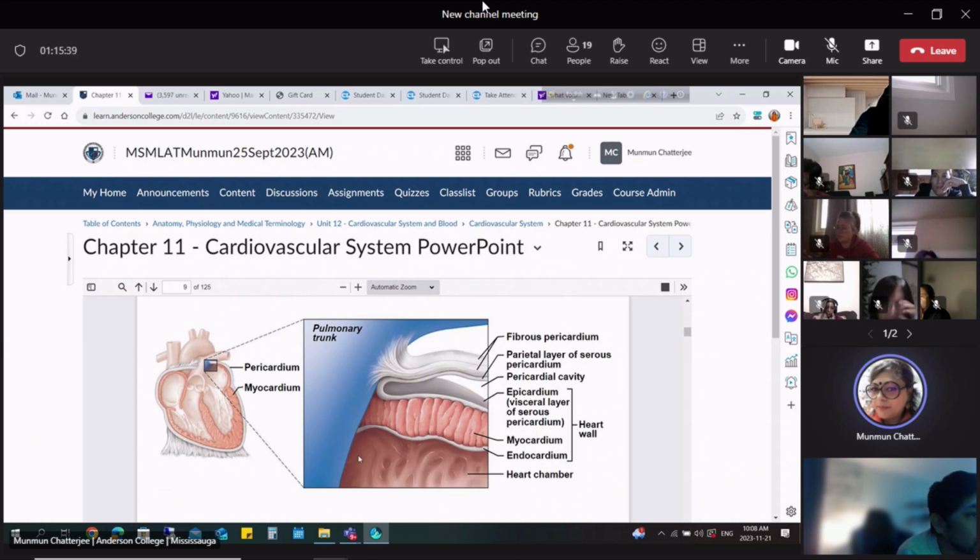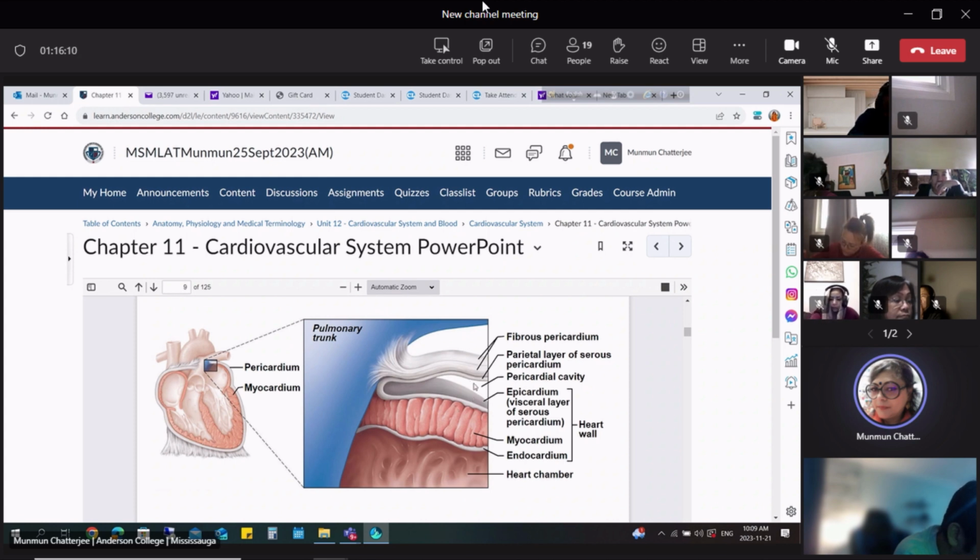Now this is the inner layer, the middle layer, the myocardium. You can see the layers. There is one layer covering the heart, close to the heart, called the epicardium. What is outside is called the parietal layer or pericardium, parietal or serous. Either is the parietal layer or serous membrane.